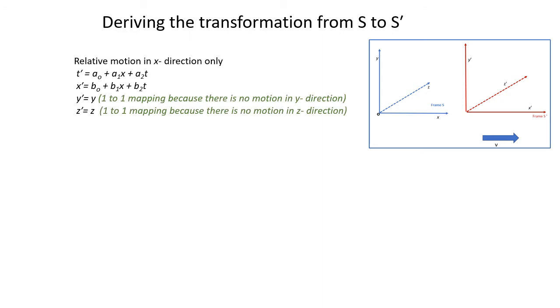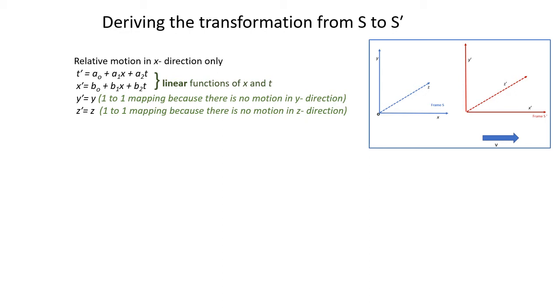We've defined our axes so there is motion in the x direction only. So our equations become t' equals a0 plus a1x plus a2t, and x' equals b0 plus b1x plus b2t. Because there's no acceleration, these are linear functions of x and t, so there aren't any powers higher than 1.